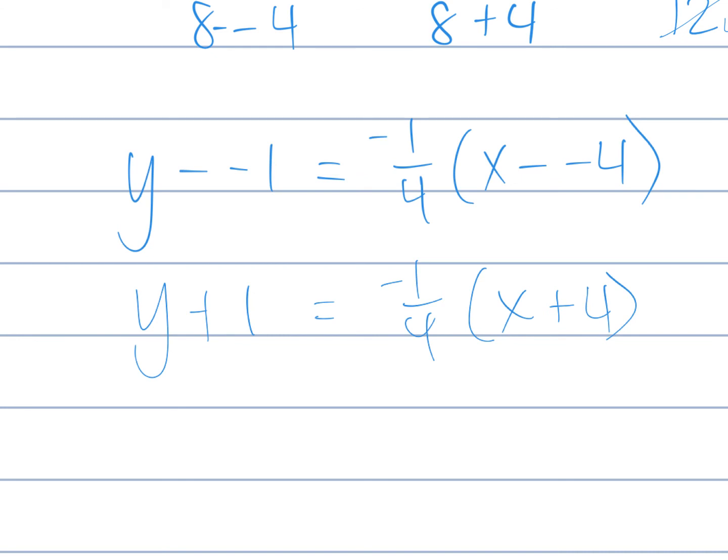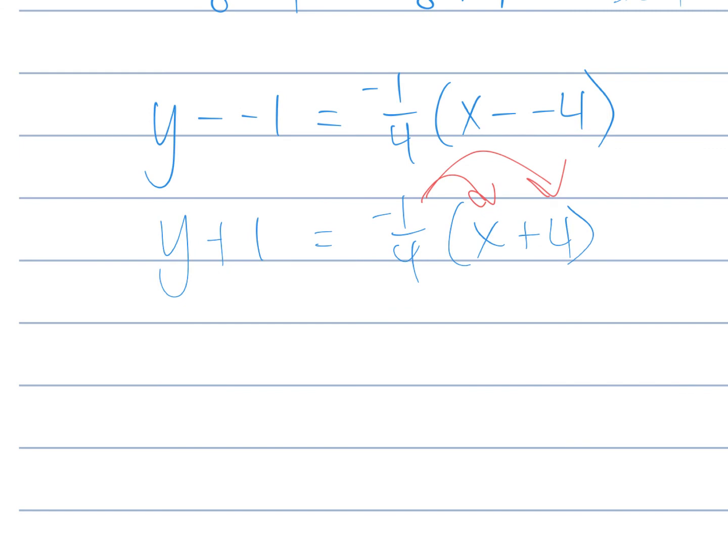What's next? You distribute. Very good, David. So we distribute the -1/4 to x and to 4. Be careful here. What do I get? It's going to be y plus 1 over here. This side doesn't change. You flip it now? No. Only flip when you divide by a fraction. So it'll be -1/4 times 4/1 times x.